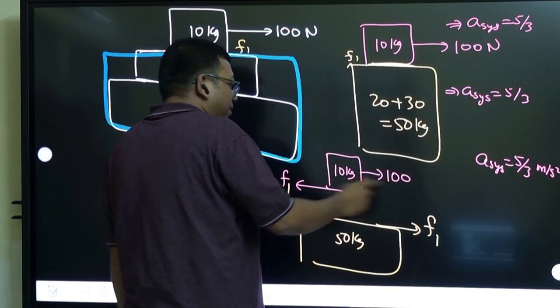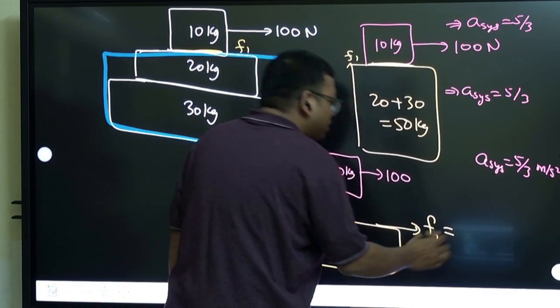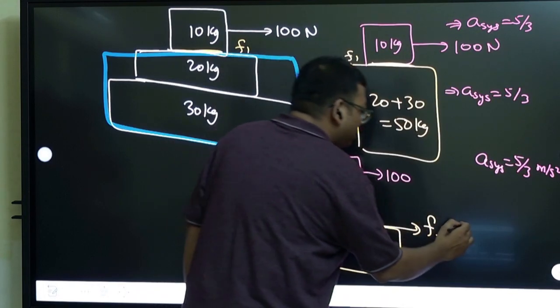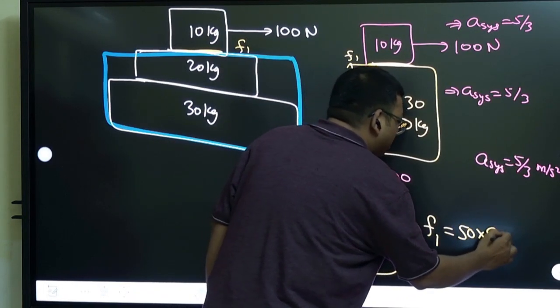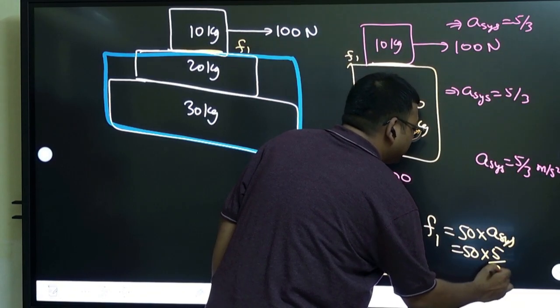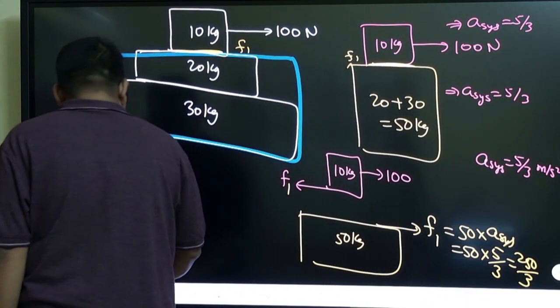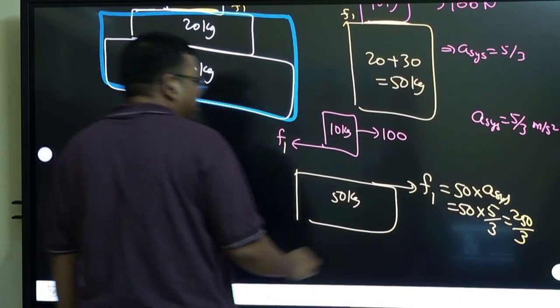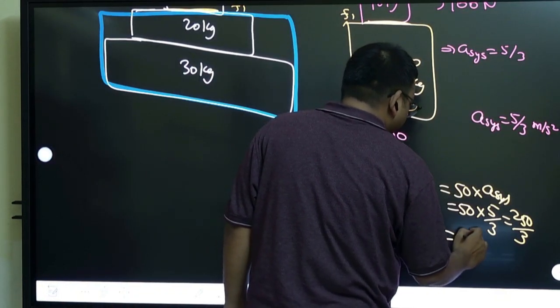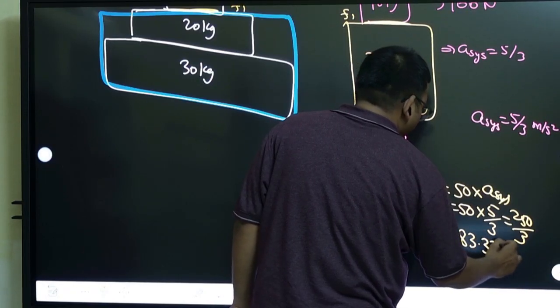Same system acceleration, so apply Newton's law. F1 is mass into acceleration of the system: 50 into 5 by 3, that becomes 250 by 3, correct? That 250 by 3 gives us the same 83.33 Newton.